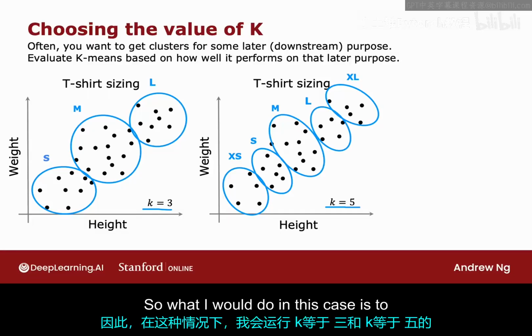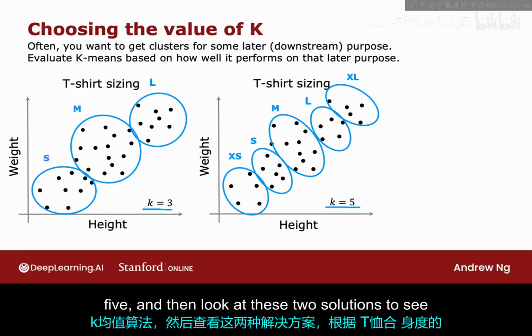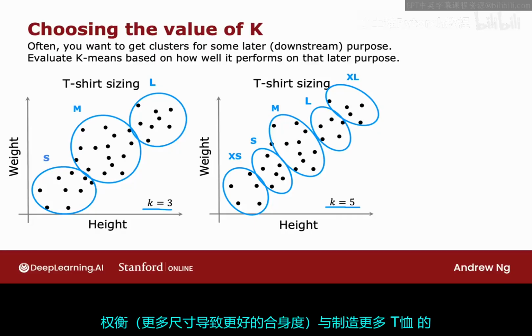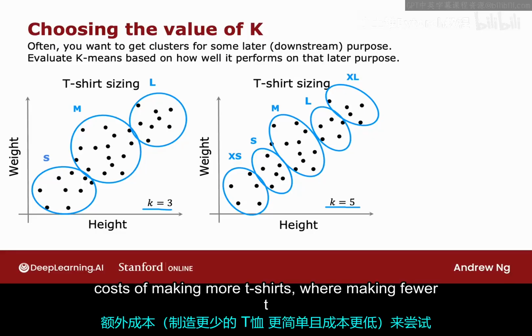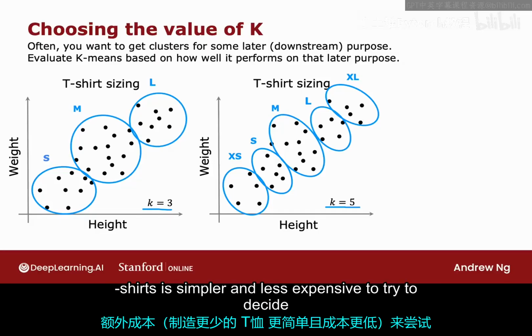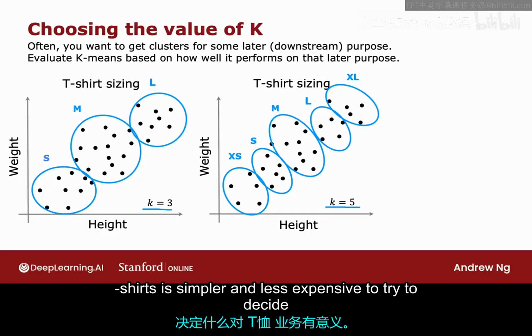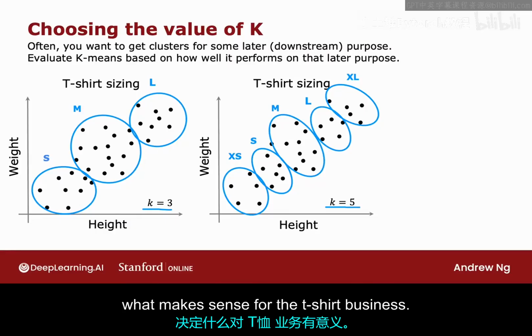So what I would do in this case is to run k-means with k equals 3 and k equals 5, and then look at these 2 solutions to see, based on the trade-off between fit of t-shirt, where more sizes results in better fit, versus the extra cost of making more t-shirts, where making fewer t-shirts is simpler and less expensive, to try to decide what makes sense for the t-shirt business.